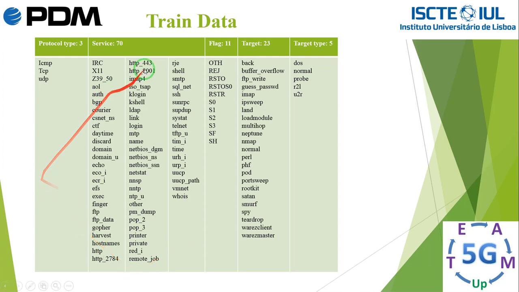So according to the train data, how many unique values are available for the protocol type? 3. For service it is 70. For the flag it is 11.